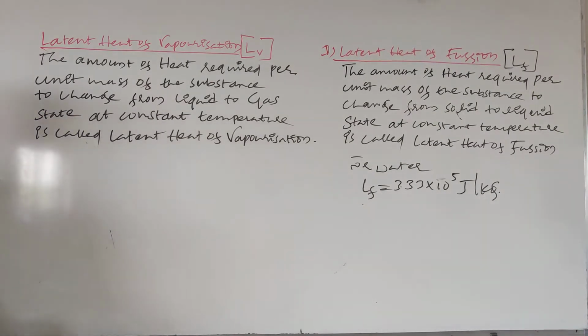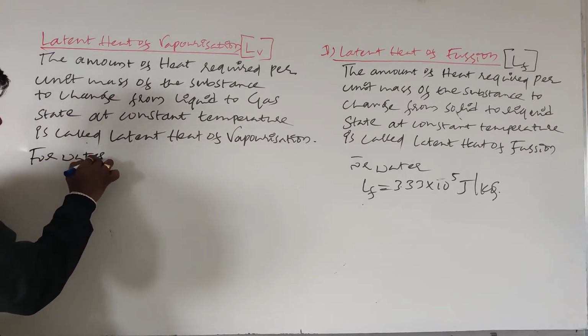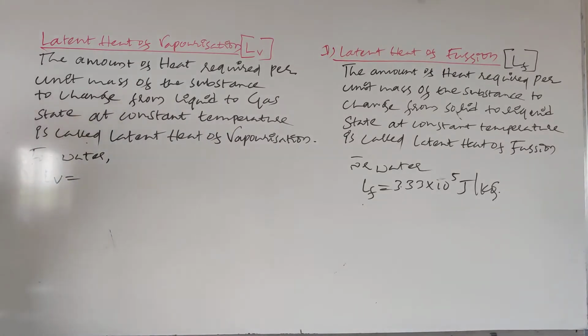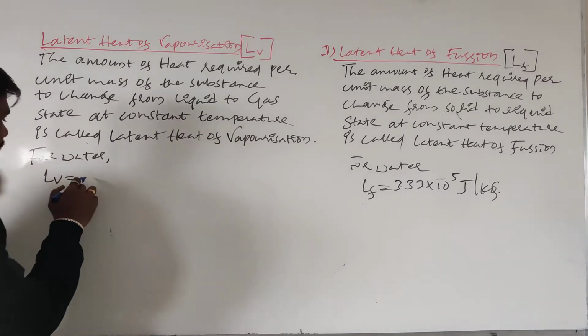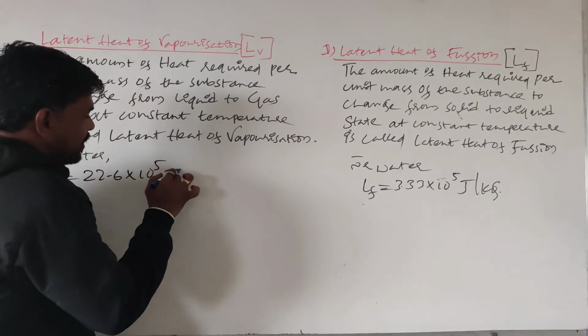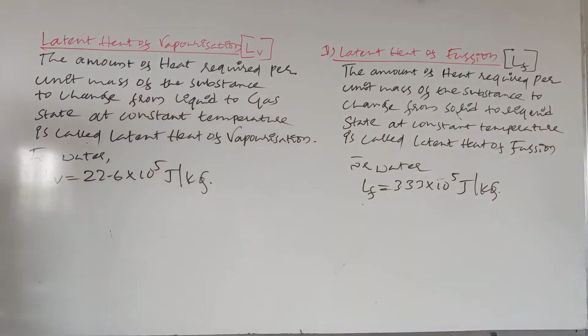So LV for water, how much is it? It is 22.6 into 10 raised to 5 joules per kg, right?